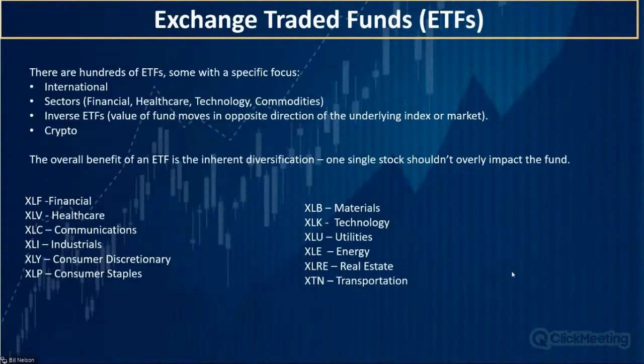You can look to ETFs that are invested only in companies in the financial world, so our Goldman Sachs, JP Morgans, but then also our Wells Fargo's and US Bank, Morgan Stanley. Those would be part of the financial sector.